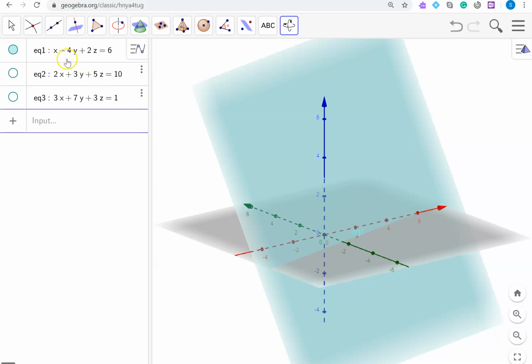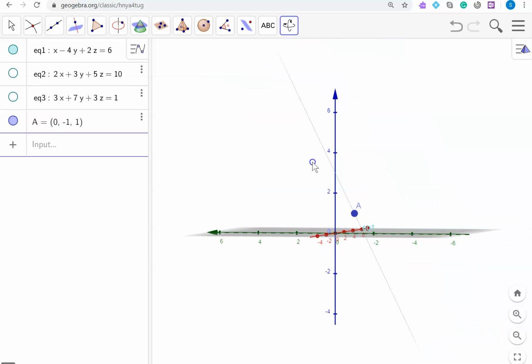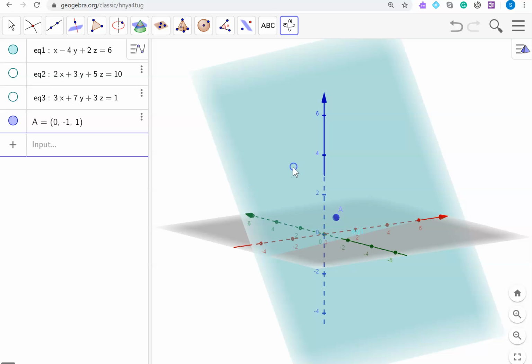So we might have a point, for instance, where x is 0, y is minus 1, and z is 1. If we enter that and have a look at it, we'll see there's a point that lies on the plane, because if I substitute those values into that equation, I come up with the number 6. So there's my first plane. I'm just going to hide that point. I don't want it to distract us.